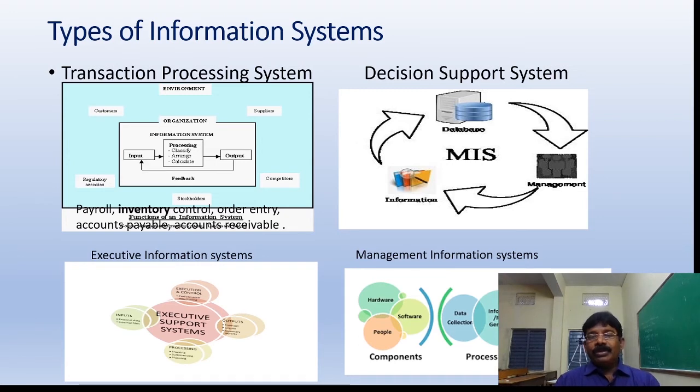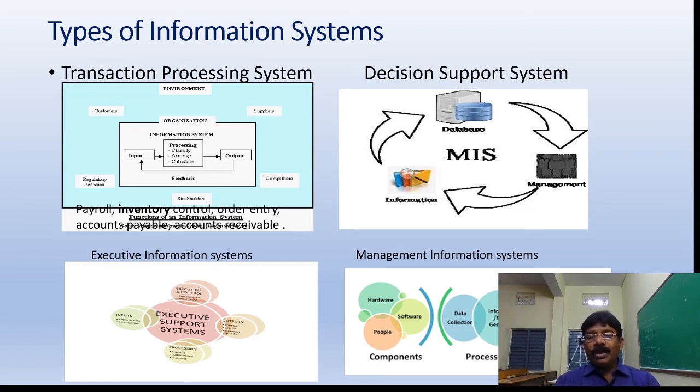And coming to the second type, the decision support system. The decision support system will help us in cancer screening, MRI, CT scan, for medical technology I am telling, or in our balance sheet, in our Tally, which helps the management in making decisions.